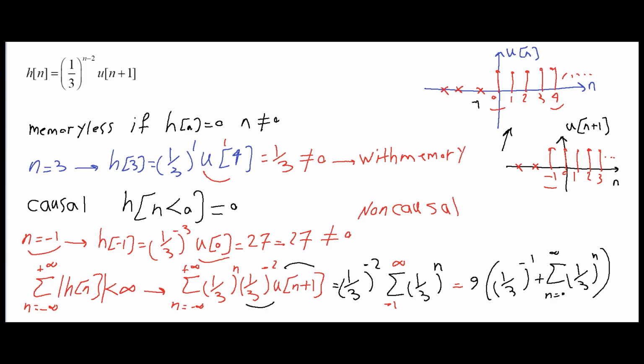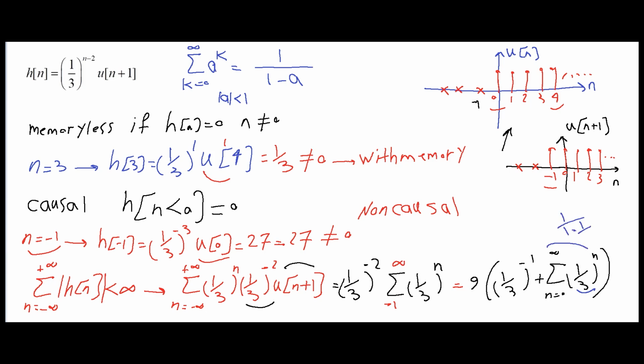Now we use a well-known mathematical formula. Sigma of a to the power of k from k equals 0 to positive infinity is equal to 1 divided by 1 minus a. Here a equals 1/3.